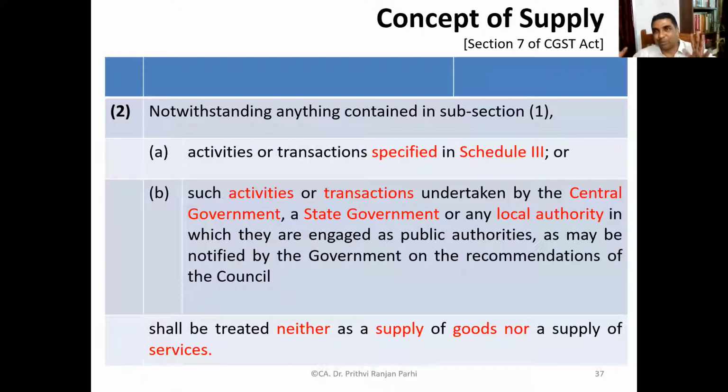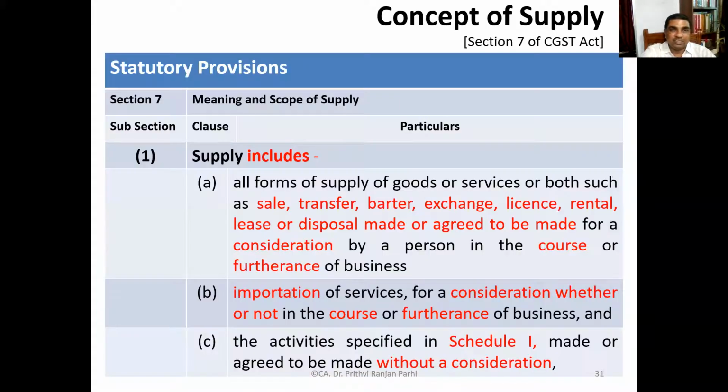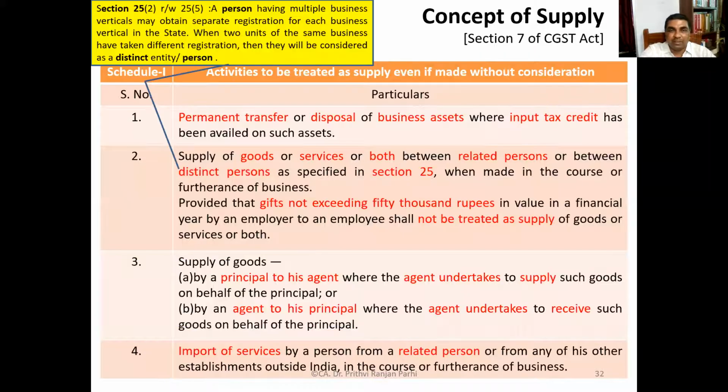Okay. Now, one more. We have to add one more complexity. Notwithstanding anything contained in subsection 1. Friends, whatever we have learned so far is subsection 1, which talks about supply.